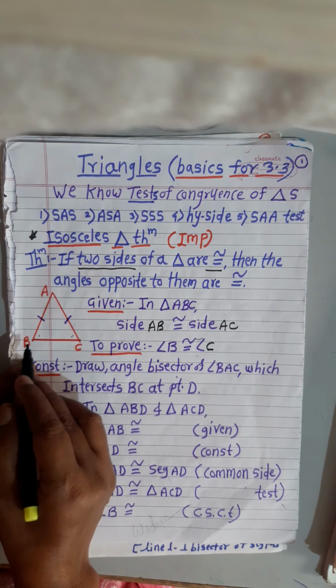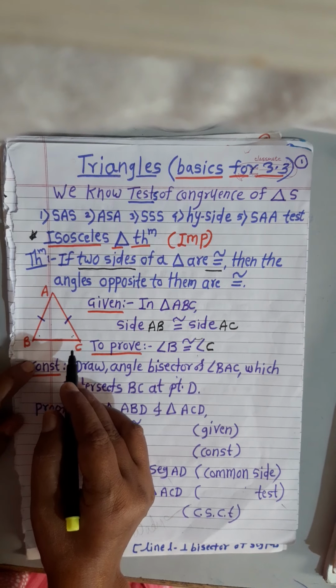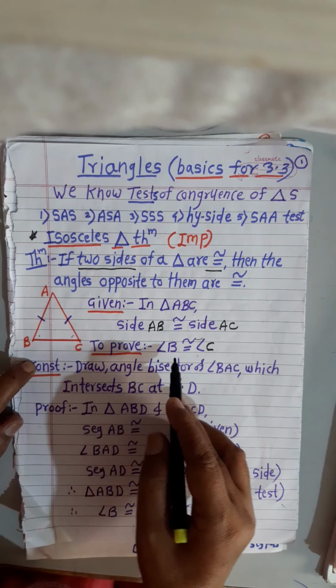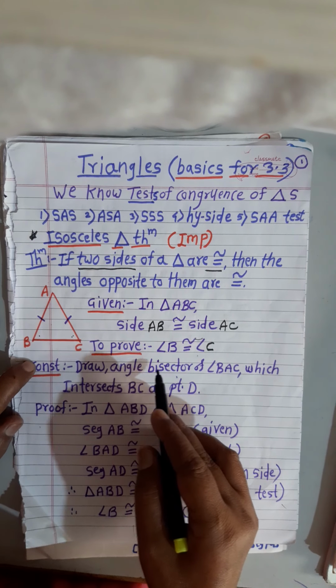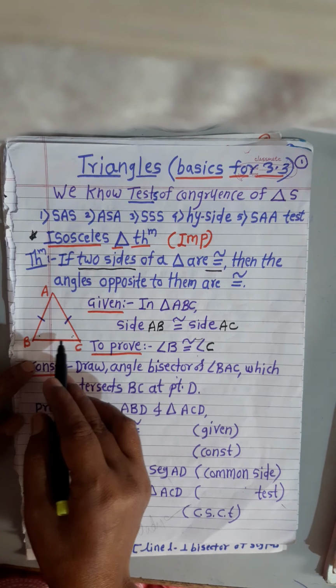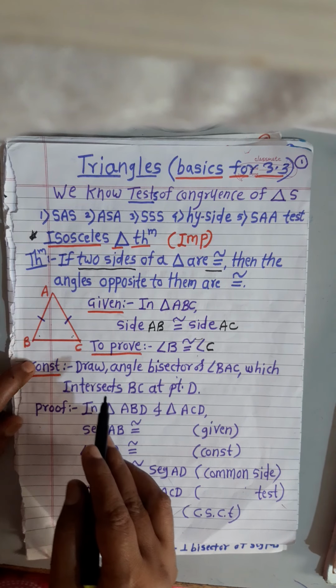You may write angle B as angle ABC and angle C as angle ACB, but it is convenient to write the angles with one letter because there is only one angle at each vertex. Therefore, you may use a single letter also.